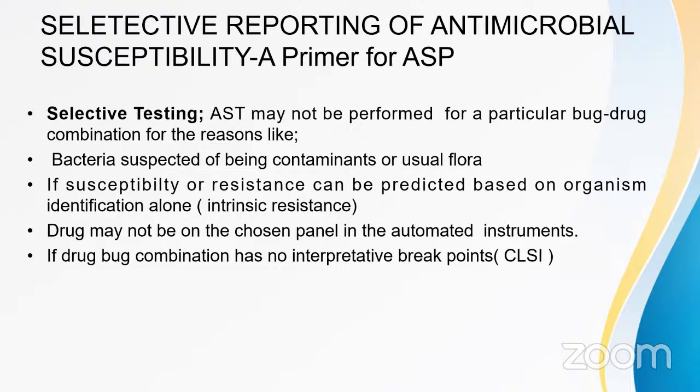Also if susceptibility or resistance can be predicted based on the organism identification alone, like when you think of intrinsic resistance. And a drug may not be on the chosen panel in the automated instruments if the drug-bug combination has no interpretative breakpoints, like CLSI may not give breakpoints for some drugs, for example colistin.